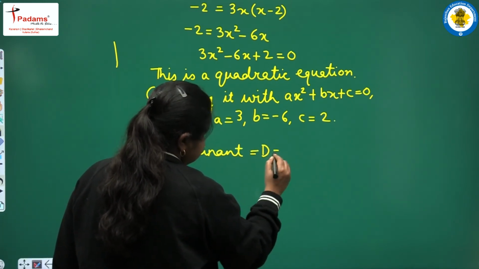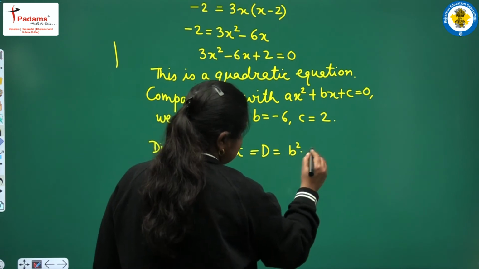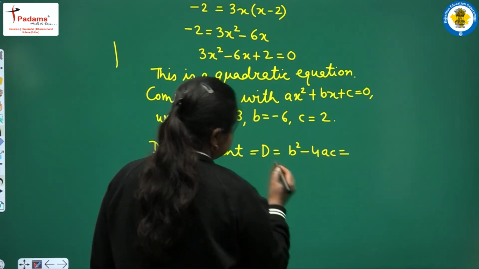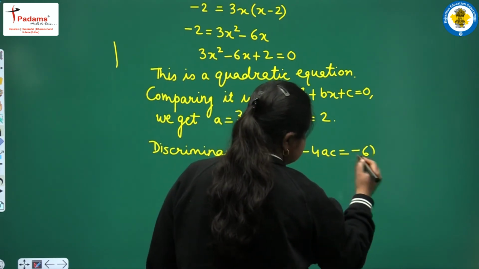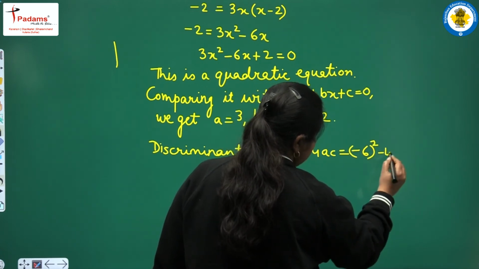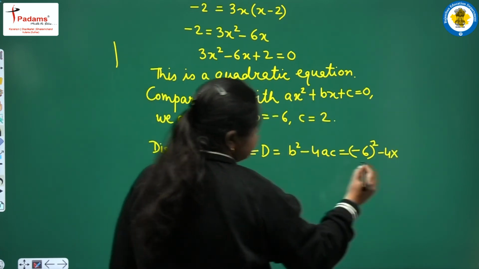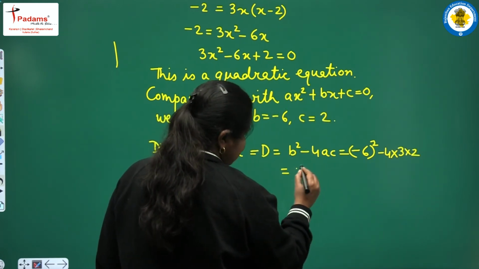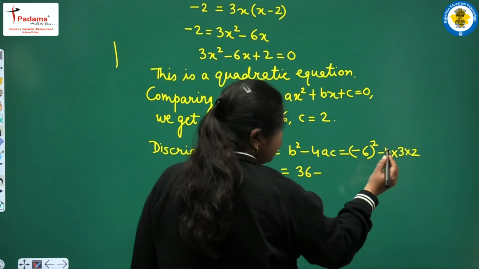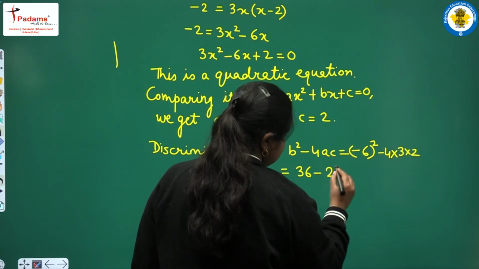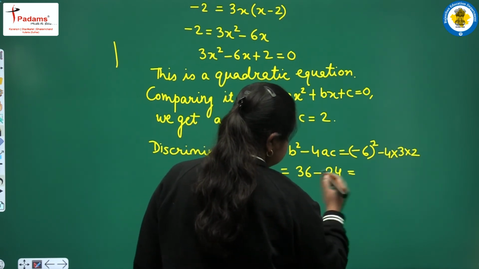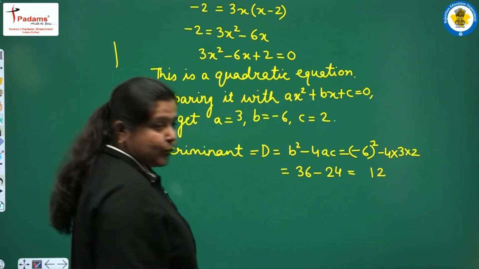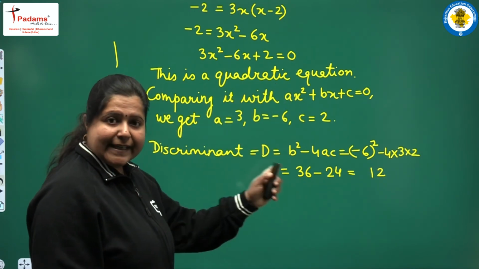This is given by capital D, b square minus 4ac, b की वैल्यू है minus 6, so minus 6 square minus 4 into a is 3 and c is 2. Minus 6 square it is 36 minus 4 2s are 8, 8 3s are 24. Subtract, you will get it equal to 12. Okay, the value of D is 12.